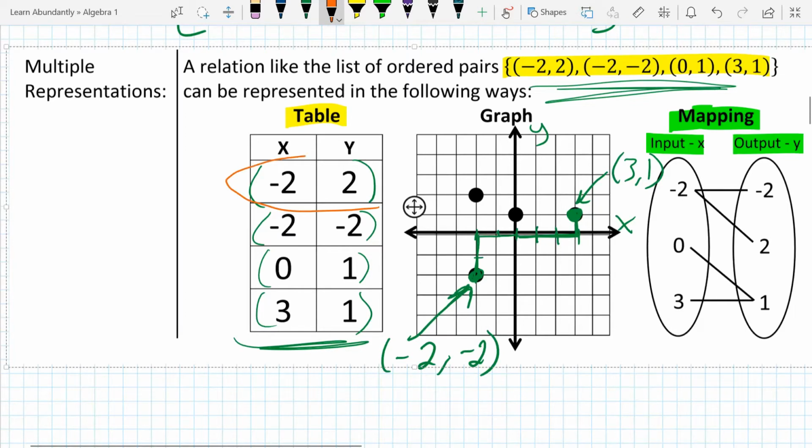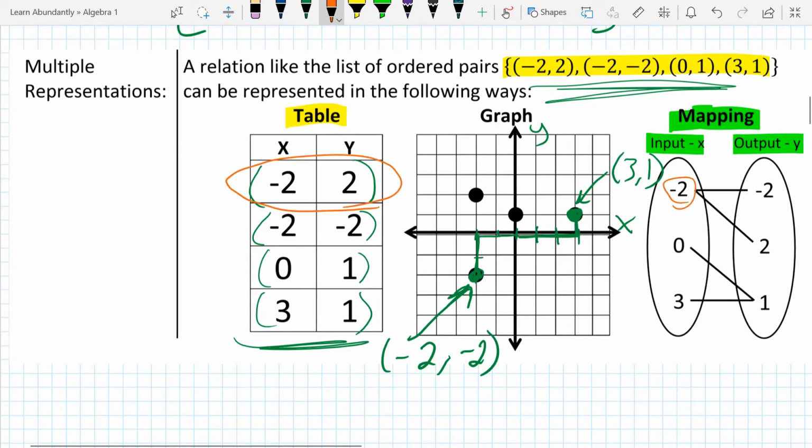Looking at the table, (-2, 2) means I start at -2 and I draw a line to positive 2. So (-2, 2) is that point right there. In a mapping, we don't repeat the numbers, which means in my next point, (-2, -2), I still start at -2, and I didn't draw another -2 in that circle in the map.